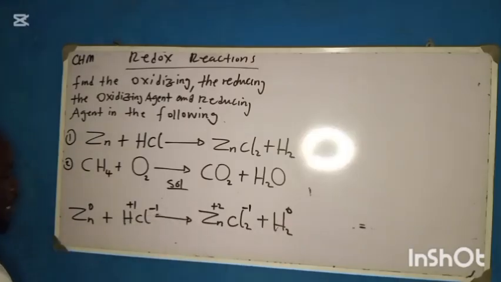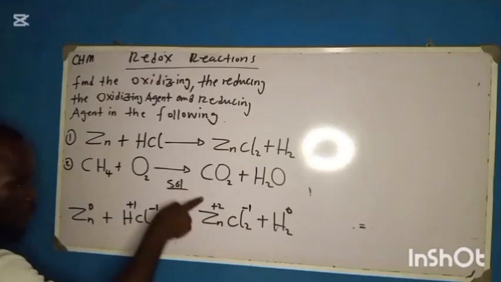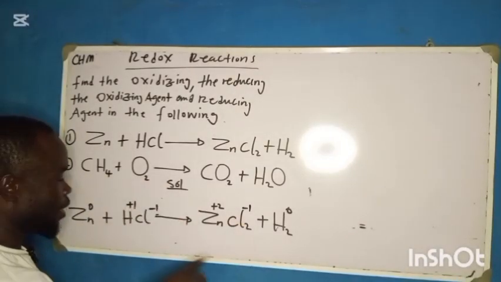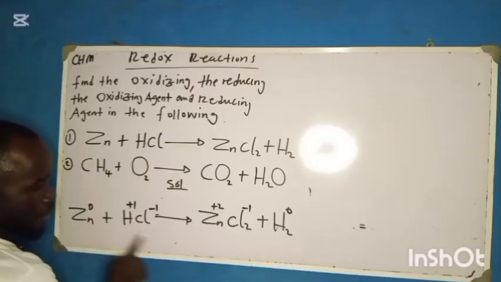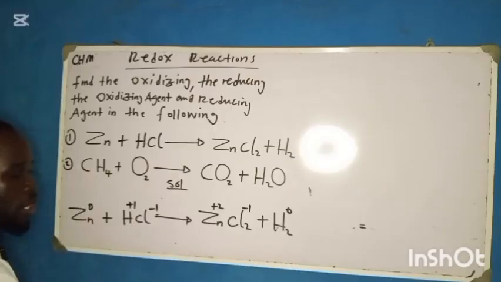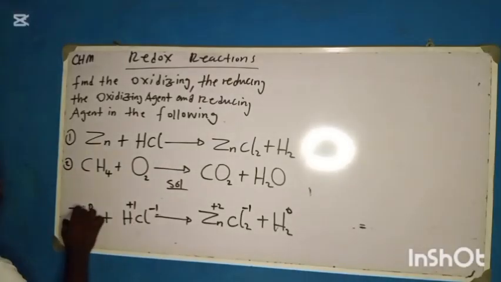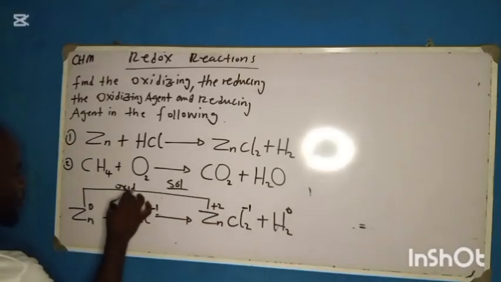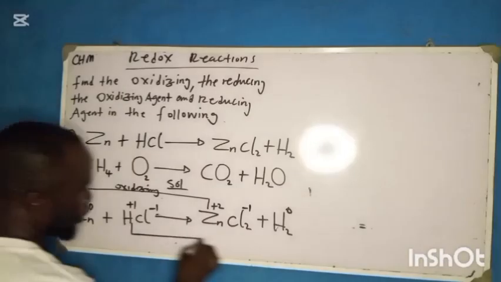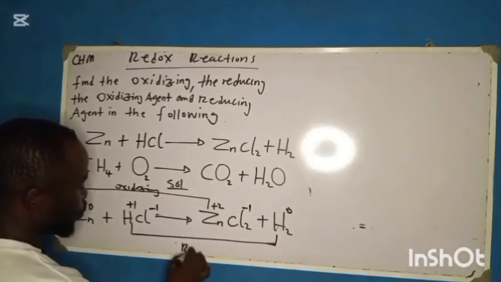So this simply means that an element that increases in oxidation number from reactant to product is oxidizing. Meanwhile, the one that decreases in oxidation number from reactant to product is reducing. So we can say that here zinc is oxidizing, meanwhile hydrogen is reducing.